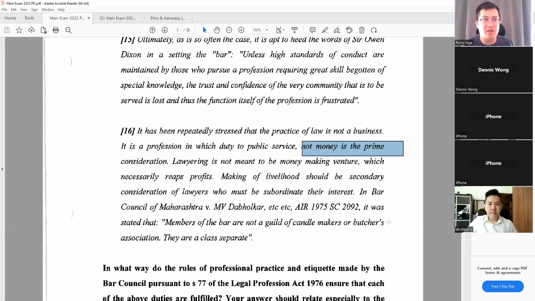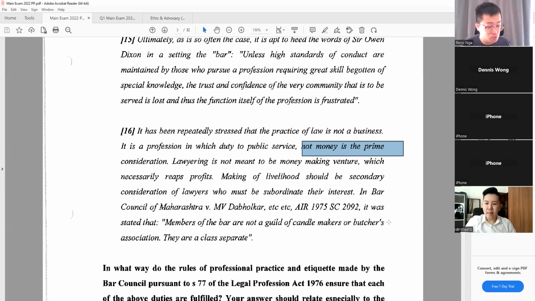You should think about whether you can handle this case or not before you take it. Rule 4, no advocate and solicitor to accept brief if professional conduct is likely to be impaired. Which means if you cannot handle it impartially or justly, then you shouldn't take the case as well. And Rule 5, no advocate and solicitor to accept brief if it is difficult to maintain professional independence.